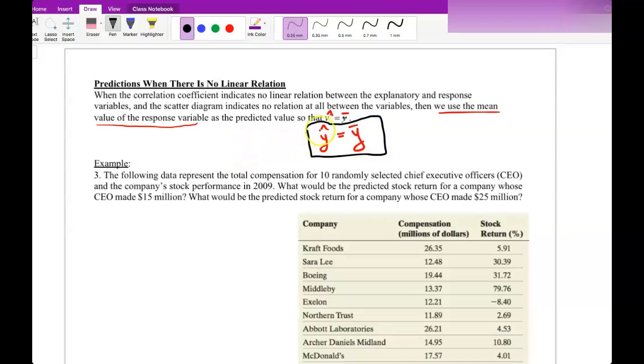So when there is no linear relation, we're going to use the mean instead. So the mean of a response variable as a predicted value. So this is the predicted value. And here this one is the mean of the response.